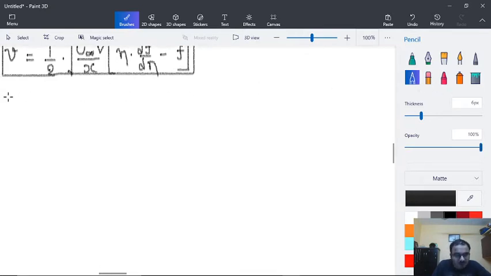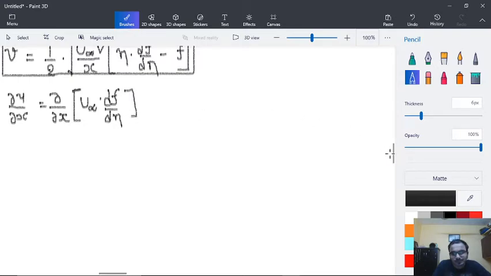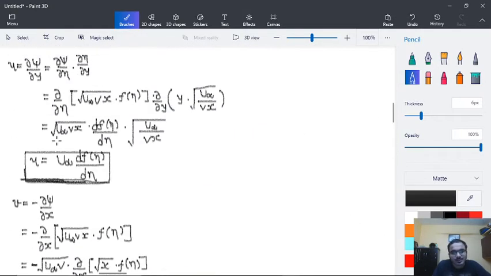So let's begin with del u over del x is equal to, now this will be del upon del x into the bracket u infinity into df over d eta. So it is taken from here.